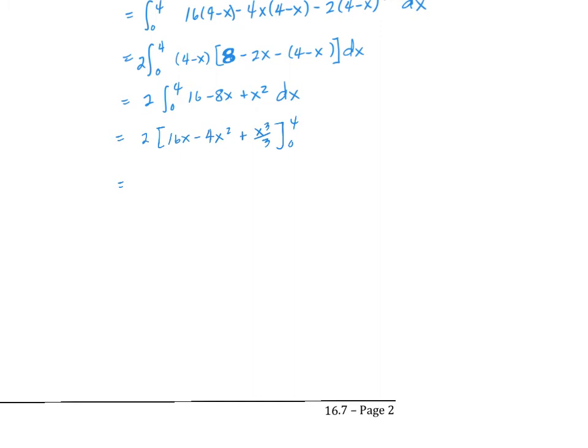And then I think I'm just going to plug this in a calculator and use my fraction key. So 128 over 3 is what I have. Remember what we're doing, we're computing circulation. So in this case, we have a positive circulation.